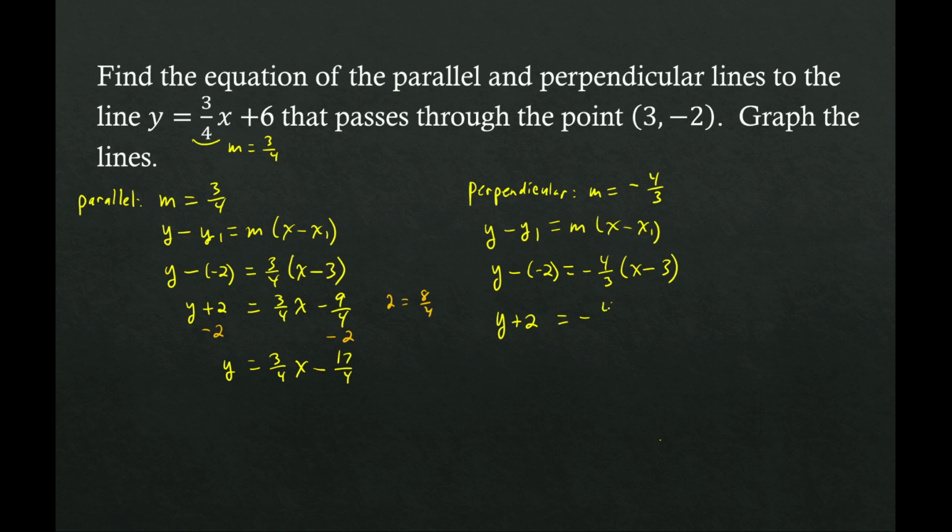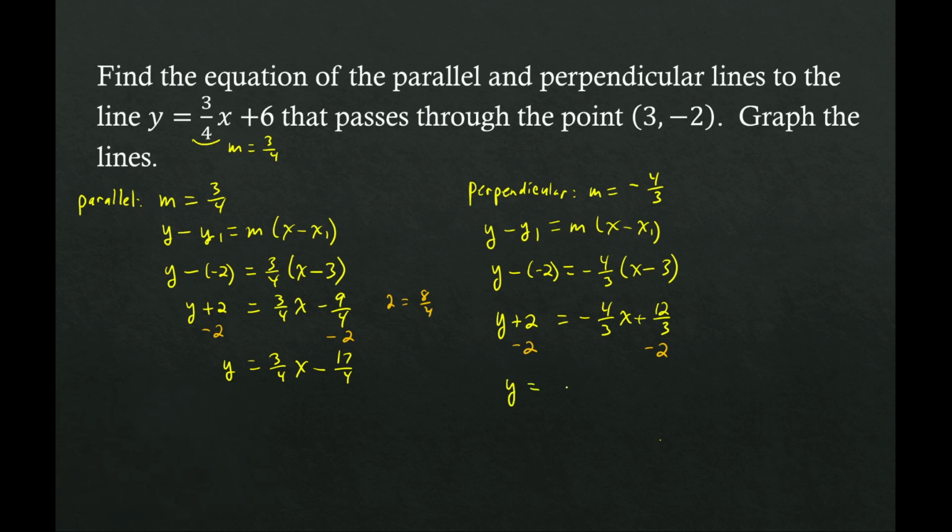So y plus 2 is equal to negative 4/3 x, and minus 4/3 times minus 3 will give us a plus 12/3. So this time when we subtract 2 from both sides, 2 is the same thing as 6/3.